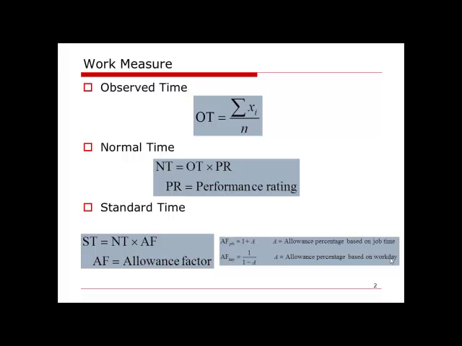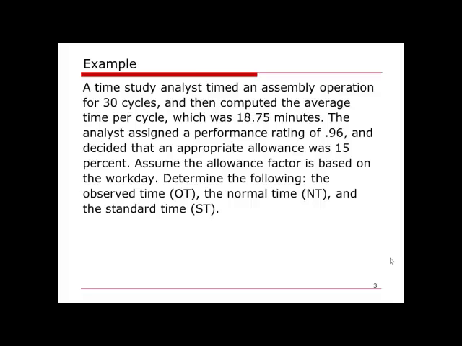Now let's take a look at how we calculate this standard time from the basic observations. The first example: a study shows that the assembly operation was observed for 30 cycles and then computed the average time per cycle, which is 18.75 minutes.